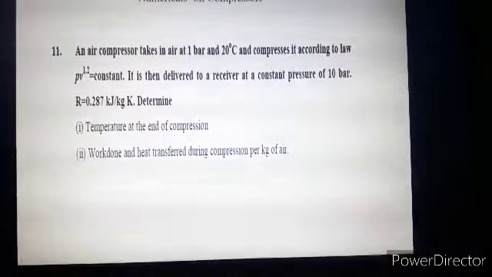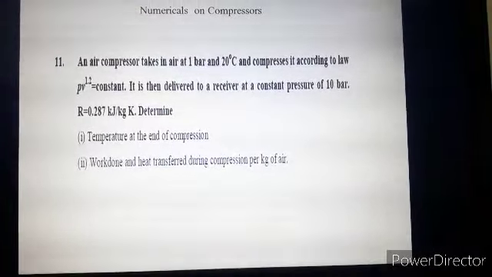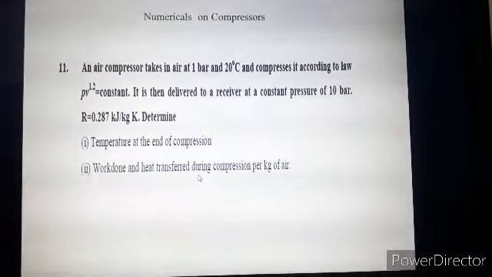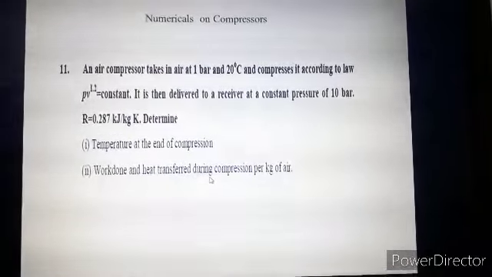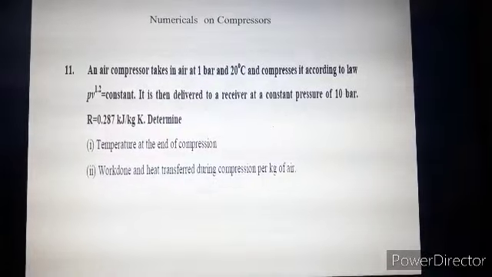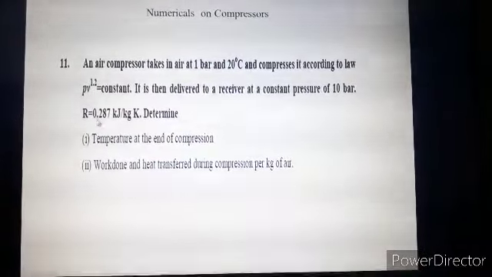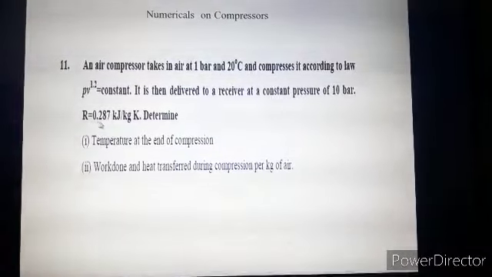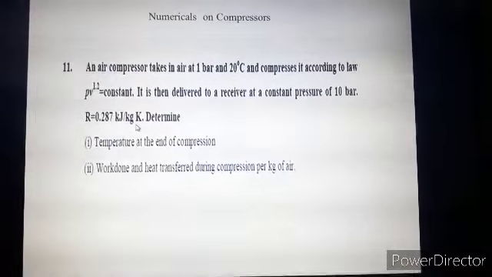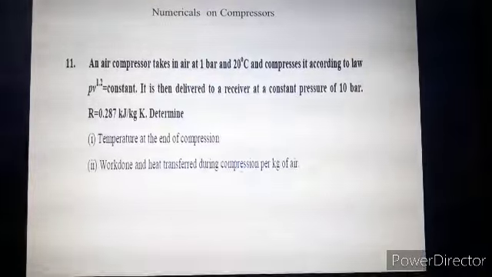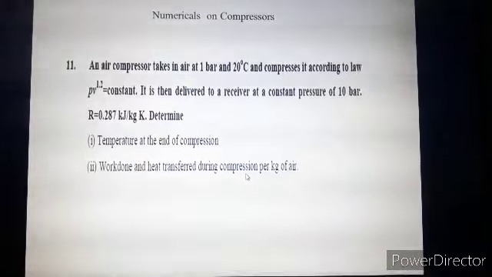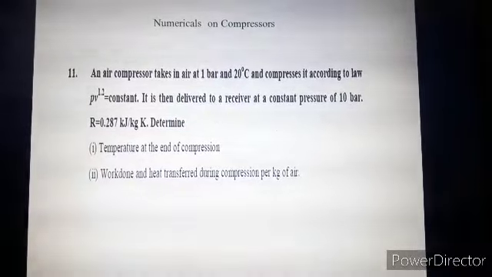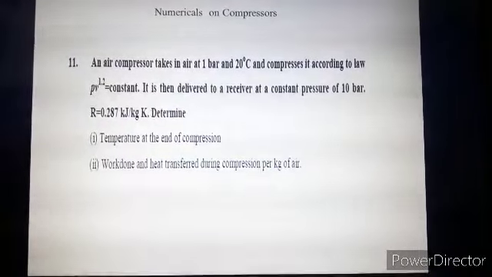Delta U is equal to m into Cv into delta T. Here m is the mass of the air, and Cv is the specific heat of air at constant volume. Since the characteristic gas constant R is 0.287 kilojoule per kg per Kelvin, we can select the value of Cv, the specific heat at constant volume for air, as 0.718 kilojoule per kg per Kelvin.